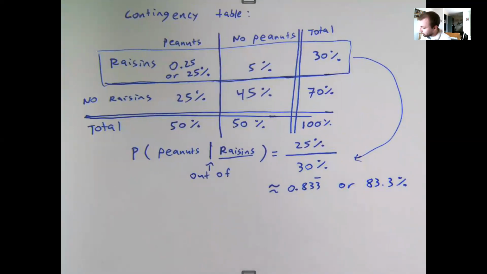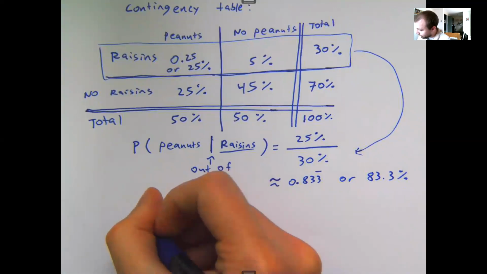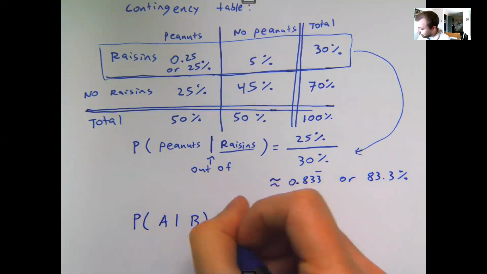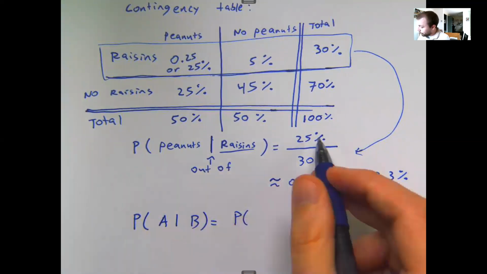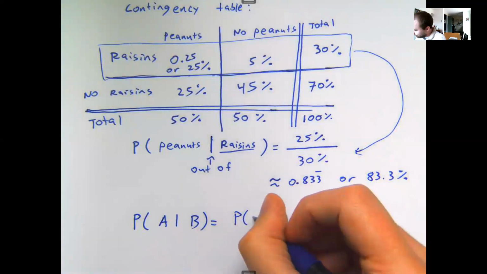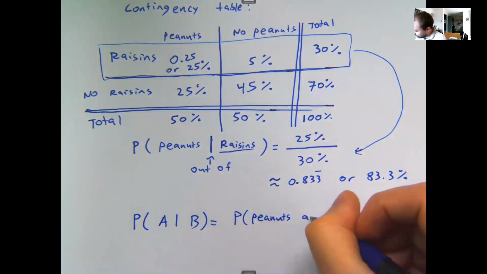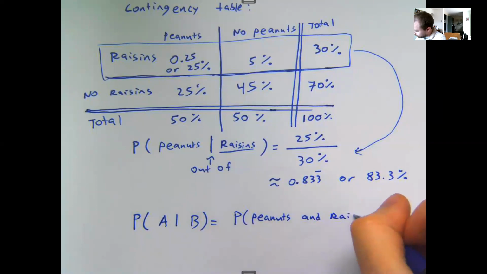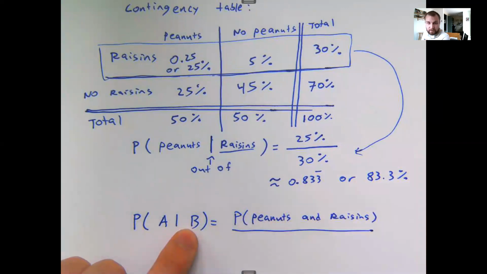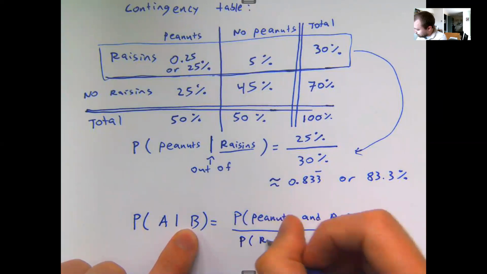Now, breaking this down a bit more, I can see where the formula actually comes from. The conditional probability formula is that the probability of A given B is the probability of both things on the top. And notice this was peanuts and raisins. This was both things on the top, divided by the probability of that second component, the probability of B, in this case, raisins.